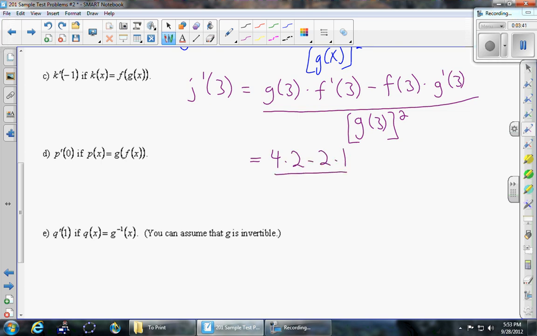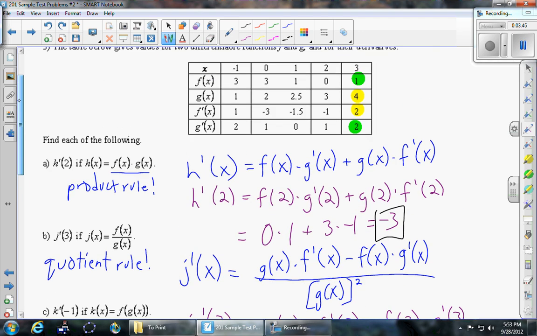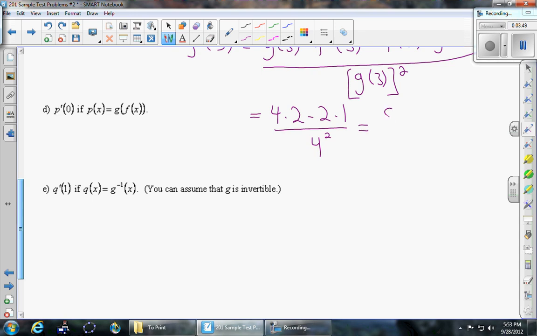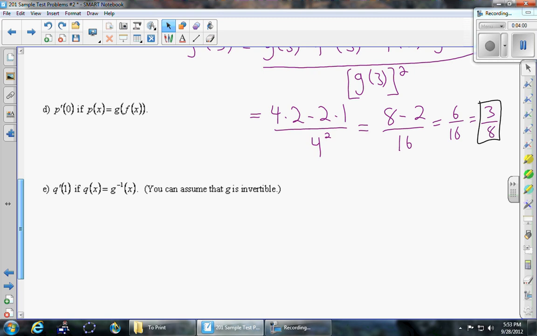And then g of 3, is that 4? Let's make sure we get that right. G of 3 is 4. Okay, so we've got 8 minus 2 over 16, 6 over 16, or 3/8. And then we'll move on to part C.